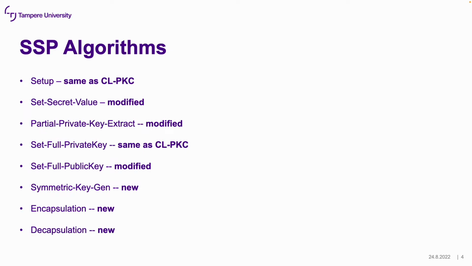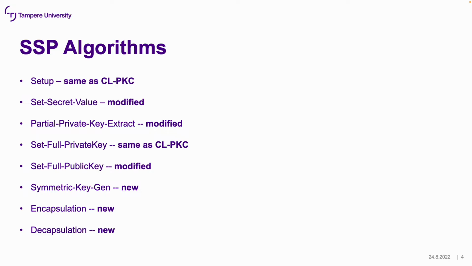The SSP application has a set of 8 algorithms, some of which are very similar to what we discussed in the previous lecture on CL-PKC. So we have the setup algorithm, which is the same as what we have in CL-PKC. We have the set secret value algorithm, which is similar but modified. We have the partial private key extract algorithm, which is also similar but a bit modified.